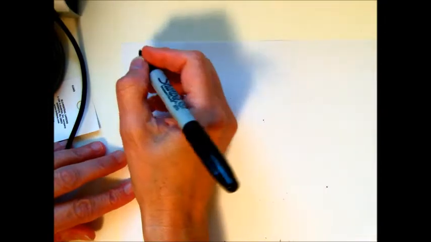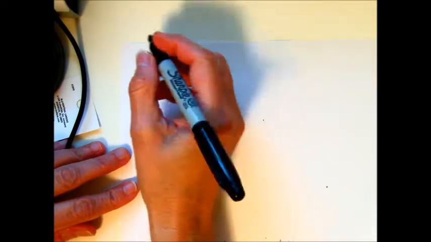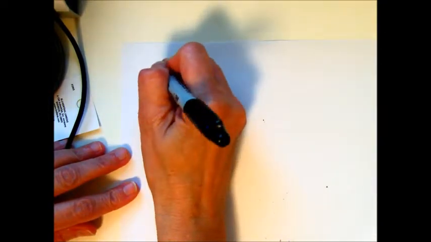All right, now ratios can be written a couple of different ways. Let's look at the different ways to write a ratio, or maybe you might see them written in different ways. So one way is to use the word to.